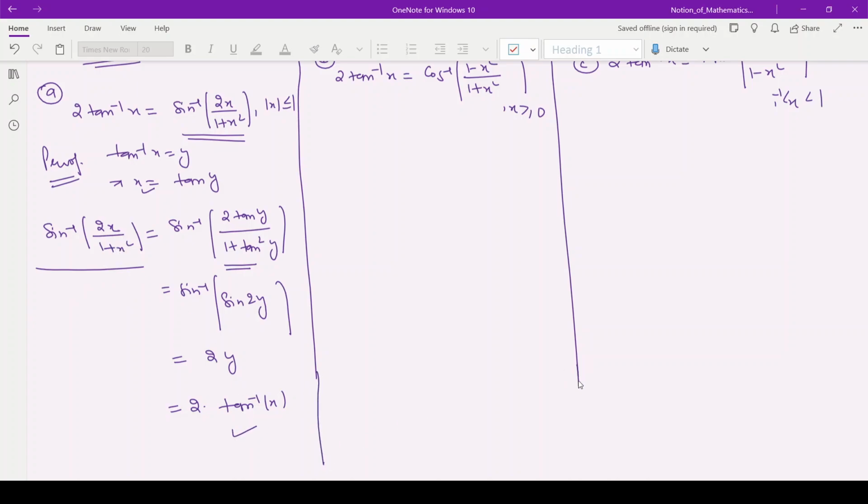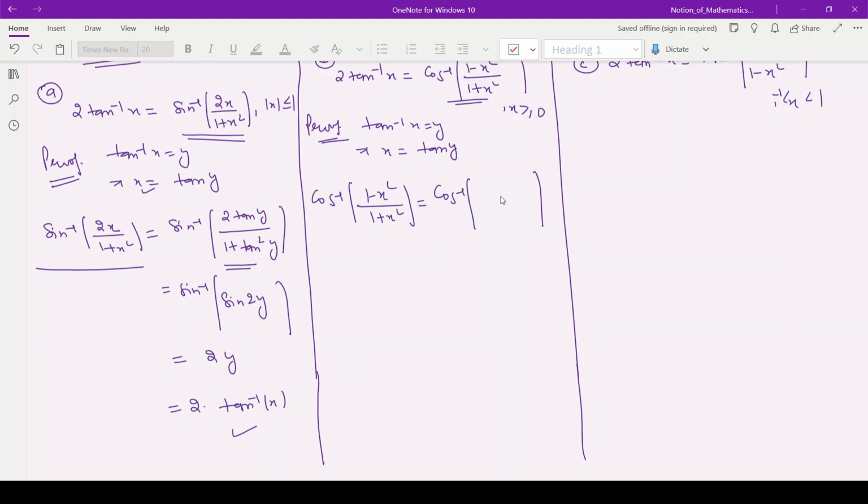Thereafter, if I talk about the B part in this property, my consideration is the same. Tan inverse x is y, so x is tan y. I am taking this RHS here, that is cos inverse of (1 minus x square) upon (1 plus x square).